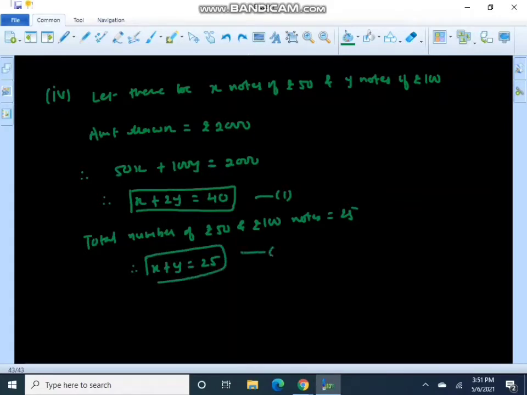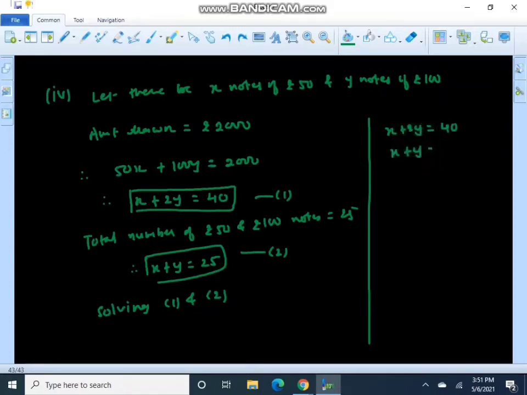Okay, now solving 1 and 2. So we have x plus 2y is equal to 40 and x plus y is equal to 25. Subtracting, x will be eliminated, 2y minus y is equal to 15.